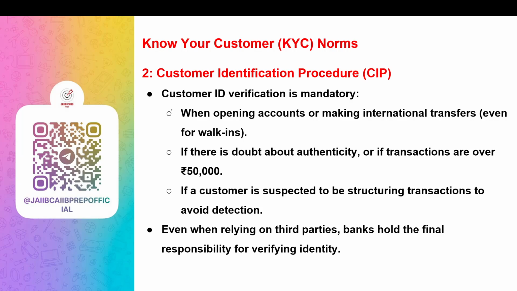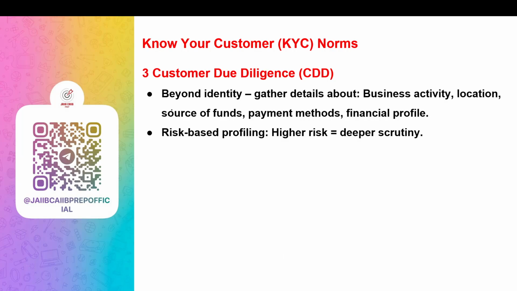So what am I doing in this particular scenario? I'm structuring my transactions so that they don't exceed 50,000 in order to avoid KYC, and this looks suspicious. So the bank should take proper precautions in this scenario. Also, if another agent or third party is doing KYC on behalf of the bank, the bank is still responsible for the errors.